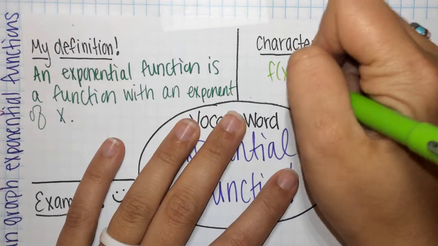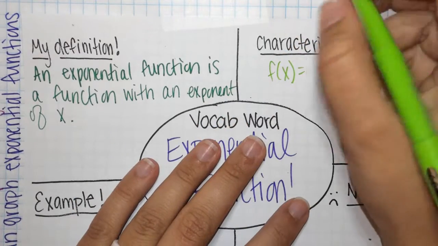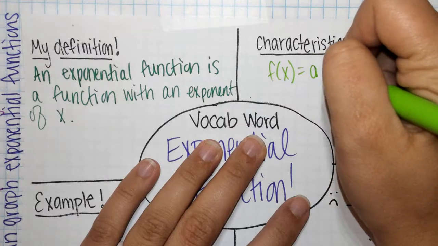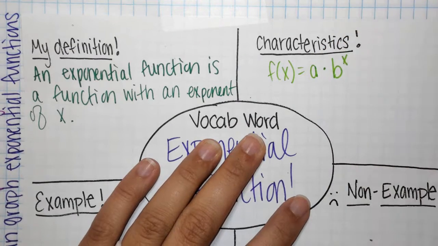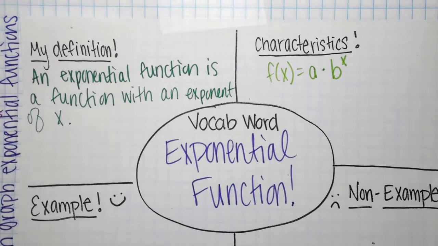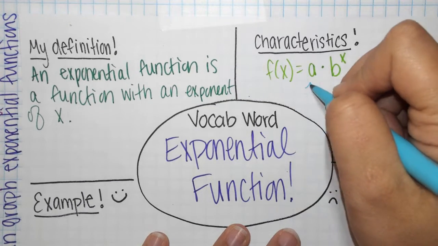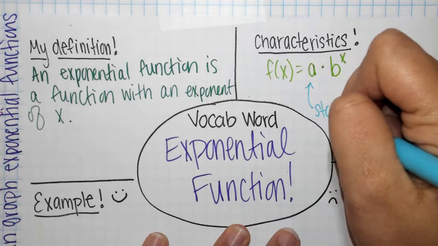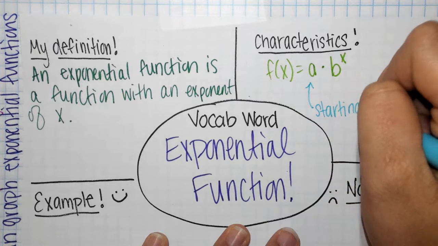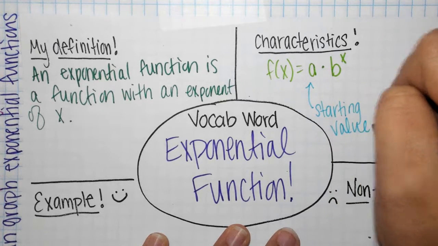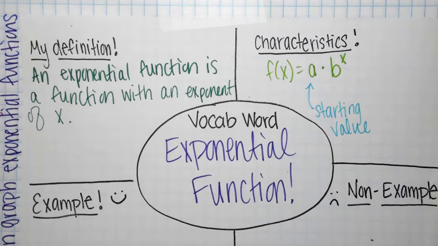So now an exponential function looks like this. We write it as f of x equals a times b to the x. Now this right here is called a starting value, and it's really just a coefficient to your function.